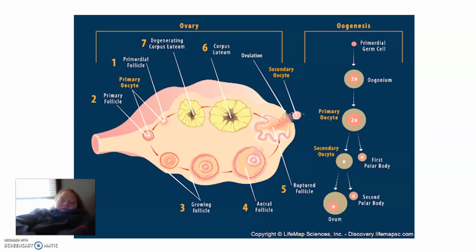I don't love how that calls this a secondary oocyte, because when it breaks out, it's an ovum, it's an egg. And after it breaks out, that follicle in the ovary will develop what's called a corpus luteum, which also secretes hormones, which we'll talk more about next time.